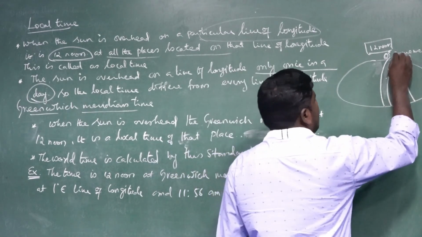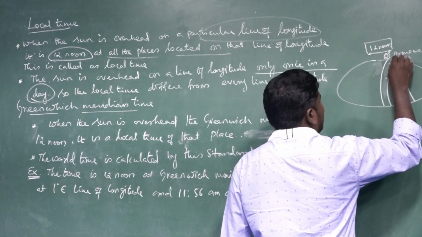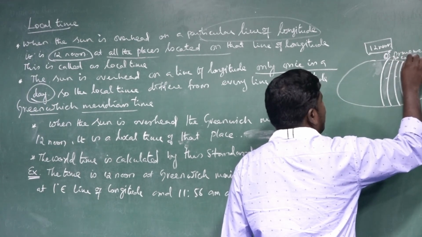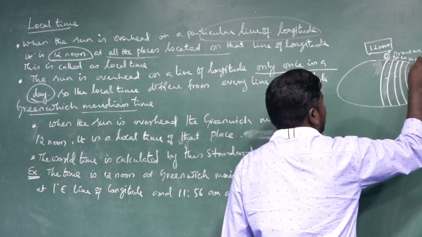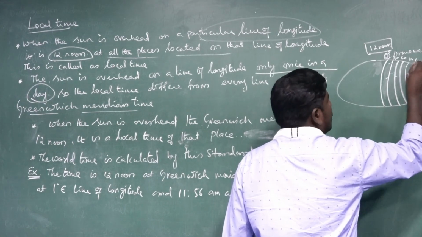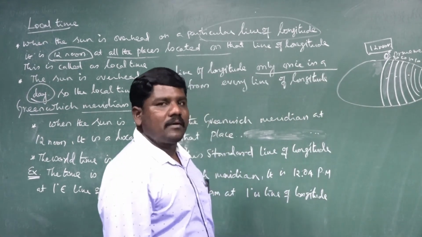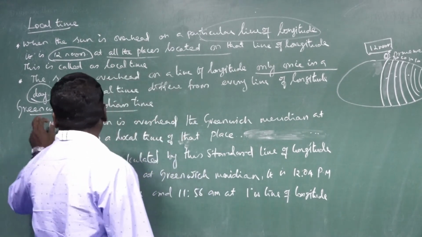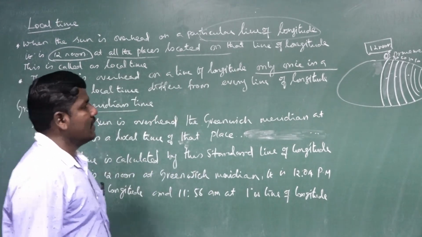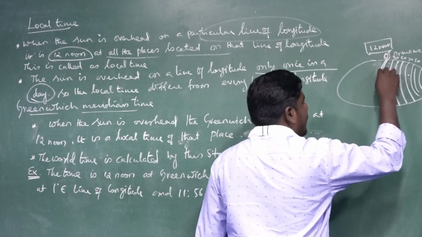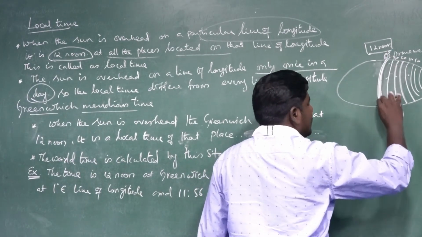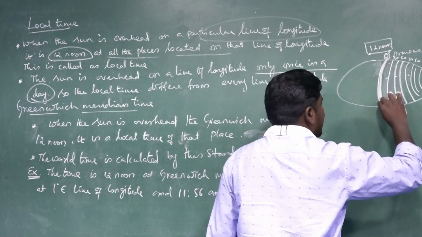For example, at 30 degrees, 60 degrees, 80 degrees, 100 degrees and 120 degrees, the time may differ. And the next one, the Greenwich meridian line.